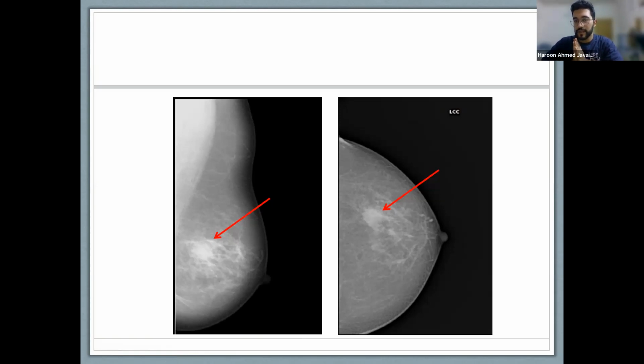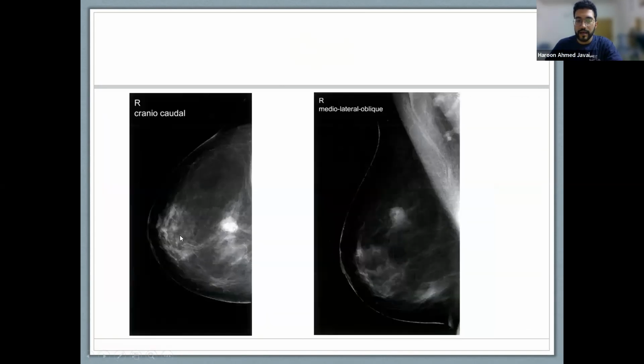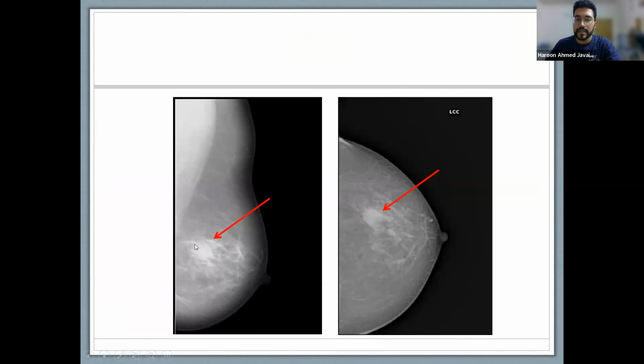But usually when you're diagnosing breast cancer, you don't go for an MRI because it's very expensive, you know, all of that stuff. So usually what they do is they take a biopsy if they are suspecting cancer. Usually the biopsy would be under ultrasound guidance, okay?